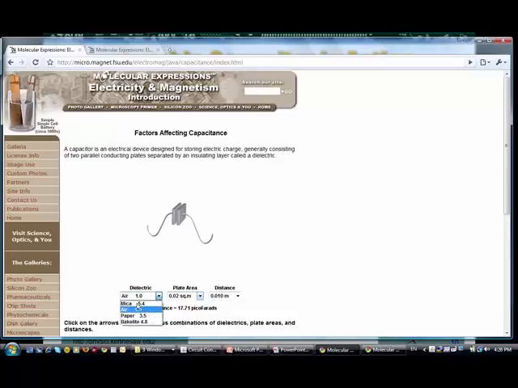For example, if we put mica, that's one type of capacitor. See there, I have 95.63 as opposed to 17.71 when we had just air. If we have a different type of material like bakelite, I have no idea what bakelite is, it's 85 picofarads and so on.